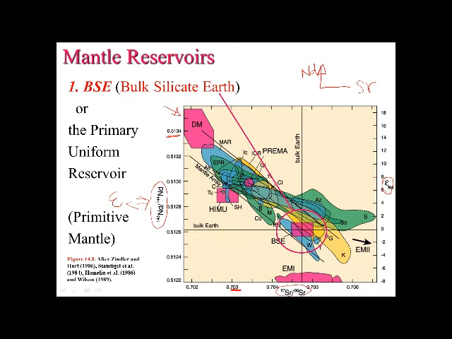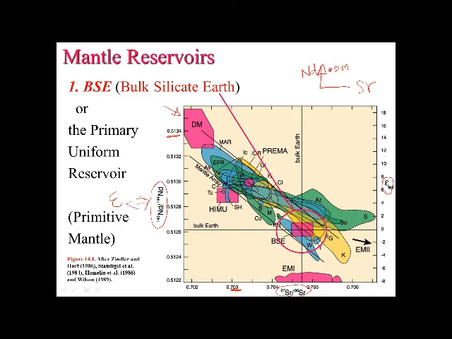How can you characterize the isotopic composition of the depleted mantle? What do you think? In a diagram like this, your depleted mantle is plotted somewhere here. What does it imply?